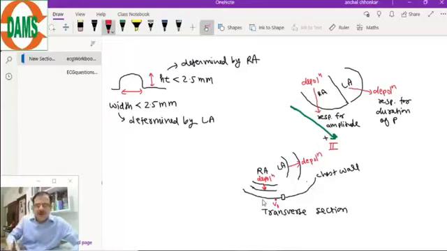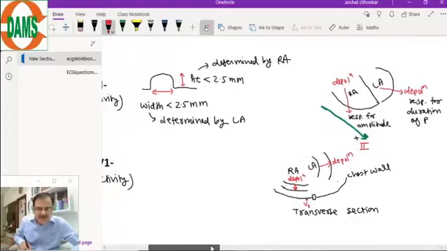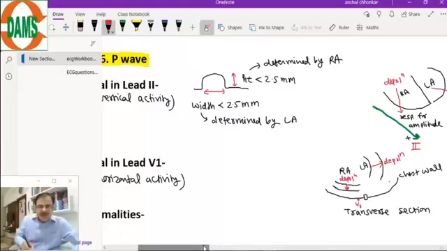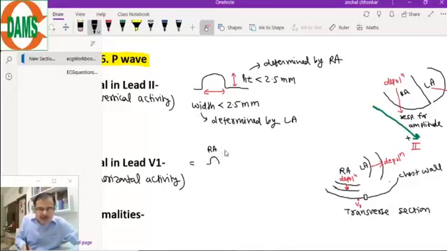So therefore, based on this anatomical diagram, in lead V1 we will see a P wave which is like this. The first part will be due to right atrial depolarization, and the second part will be due to left atrial depolarization.